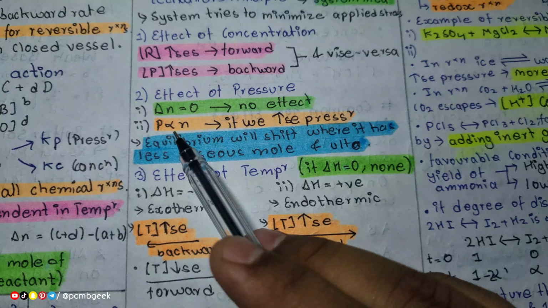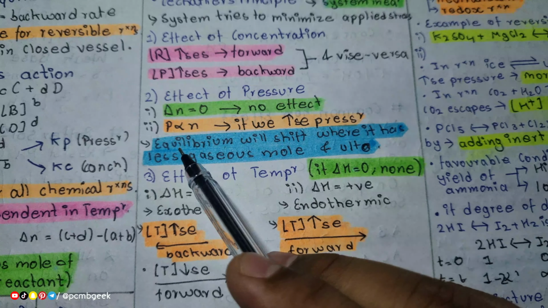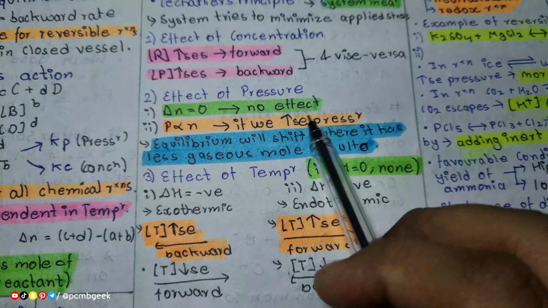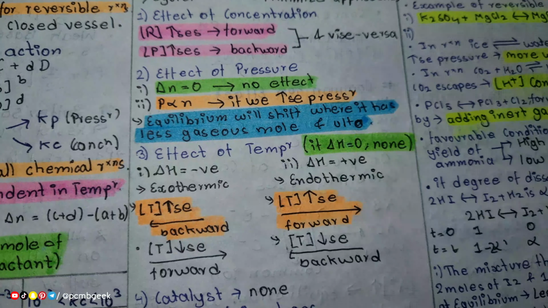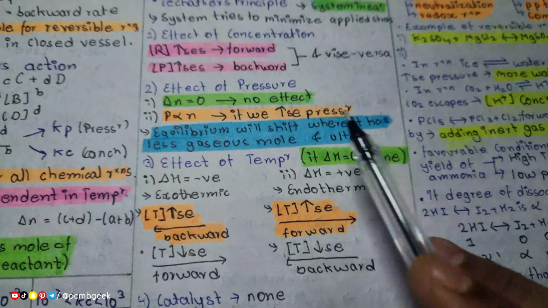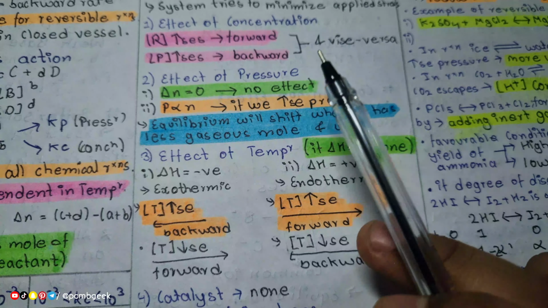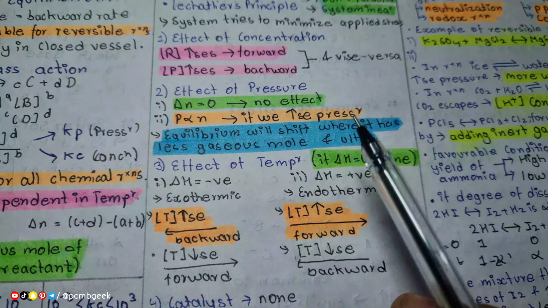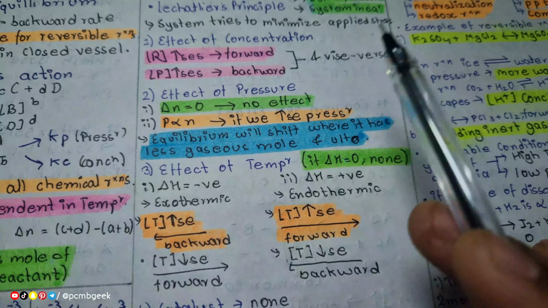But if we increase the pressure for any other equilibrium, it will shift to the side with fewer gaseous moles, and vice versa. If the pressure is increased, equilibrium will shift to reduce the pressure. The side of the reaction with fewer gaseous moles will be more favorable.